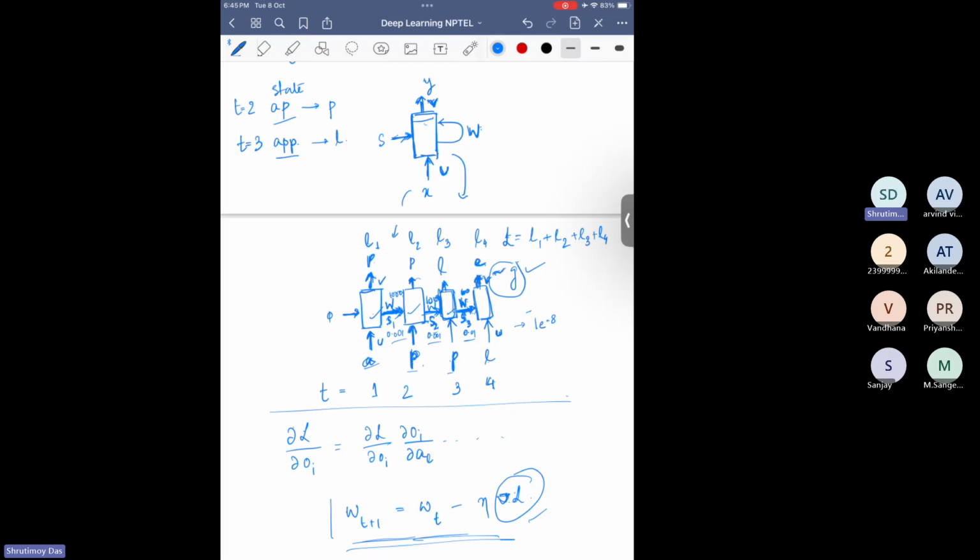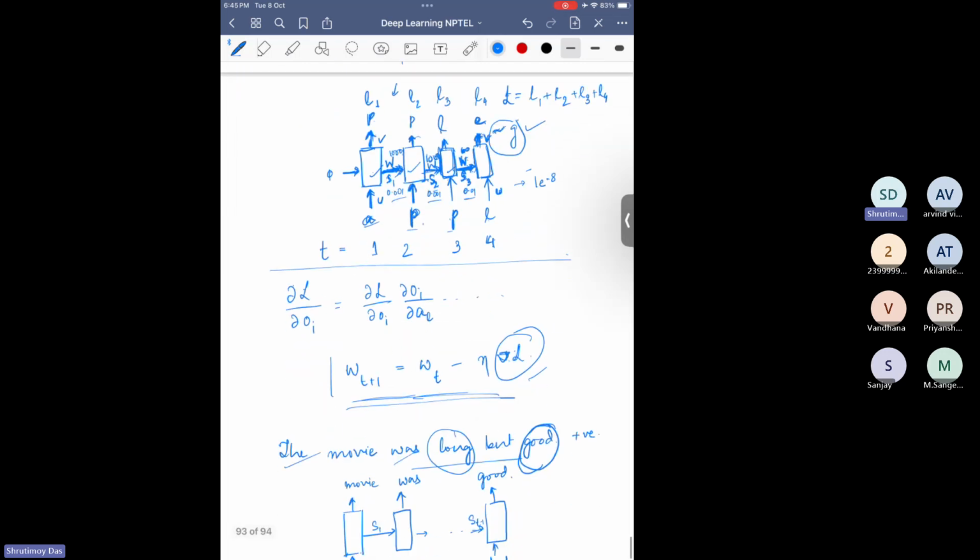And we know that if your gradient is very small, then you won't update anything, because this quantity becomes small. If this becomes small, then W(t+1) is equal to W(t). Your network will not learn anything at all. Your losses will not decrease at all.